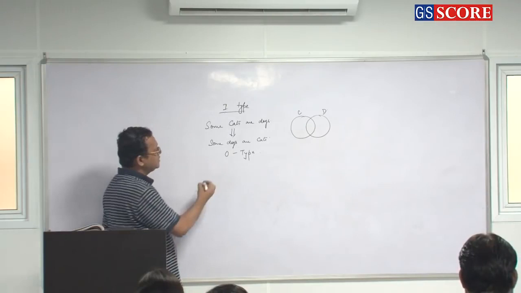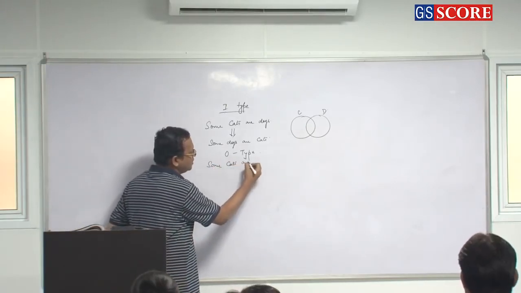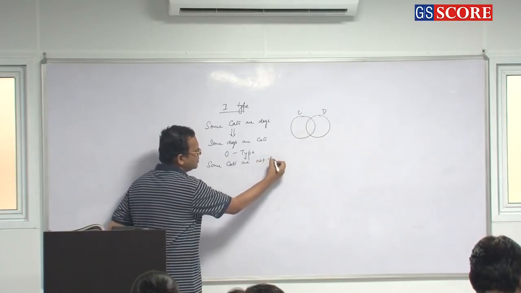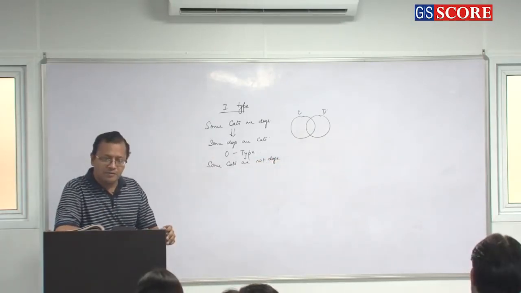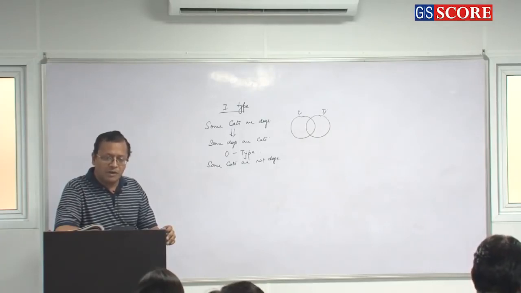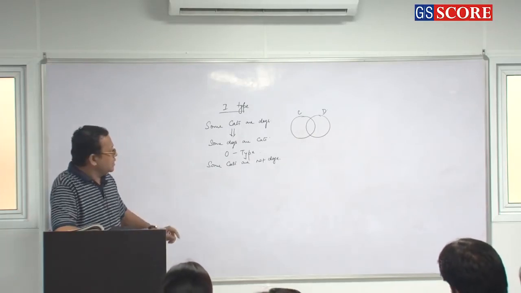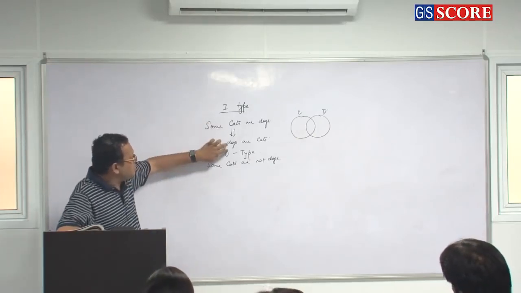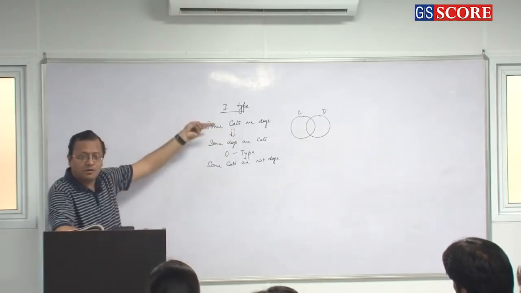If I say some cats are not dogs, okay, nothing will follow from here. You cannot say some dogs are not cats. Here you can partially follow: some cats are dogs and some cats are not dogs, but the vice versa will not follow.